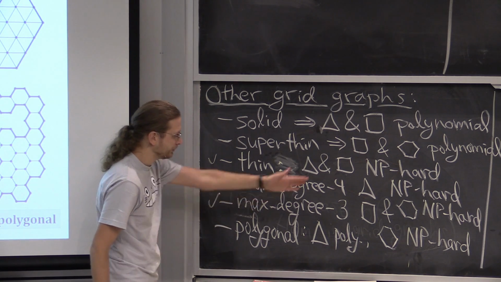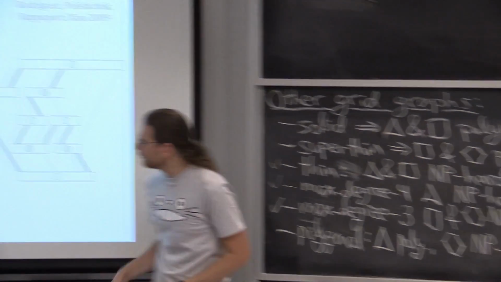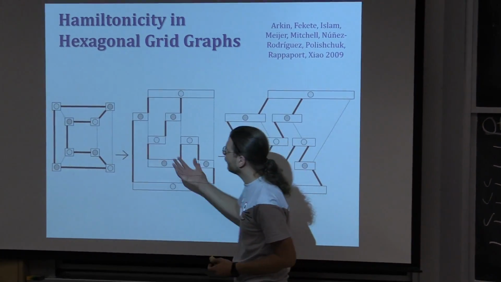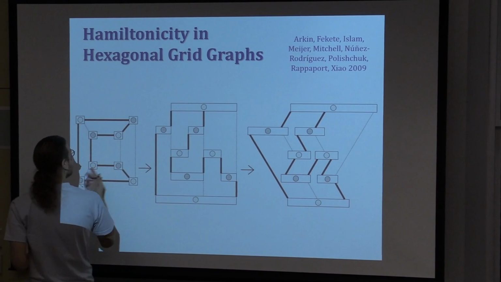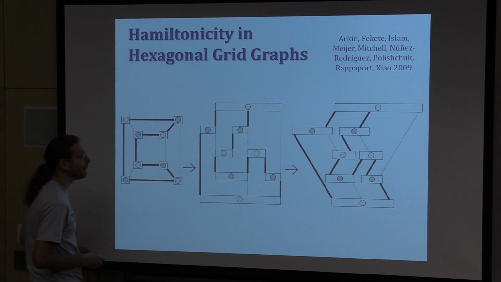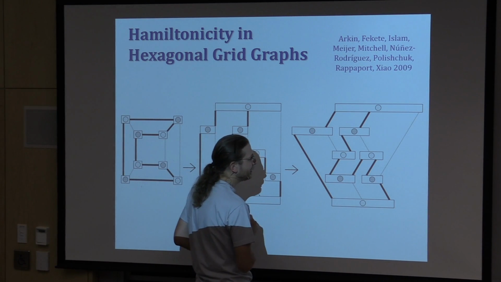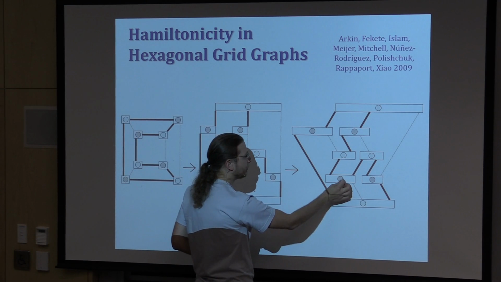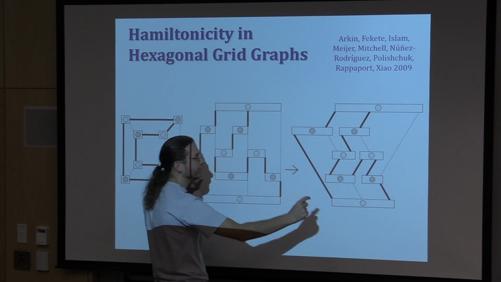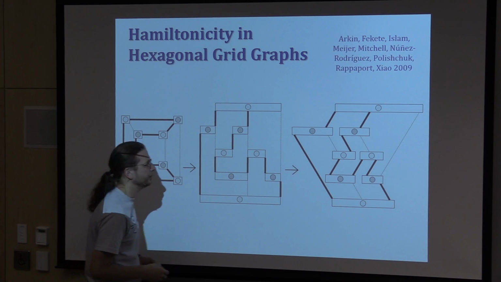Hex grid hardness. Again, there's a drawing step. You're given some bipartite planar max degree 3 graph. And then we're going to draw it on the hex grid. In this case, we're going to represent variables by horizontal strips, just because that's a little bit easier to do.